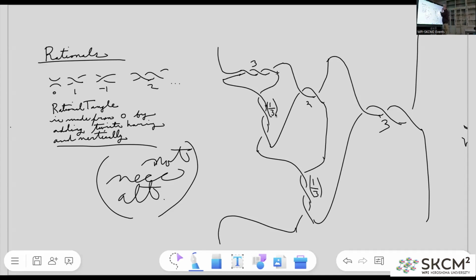And we showed last time the following thing, that if you have a tangle and you have a twist of type n this way, then this is going to be t plus n, if t is the fraction of the tangle.